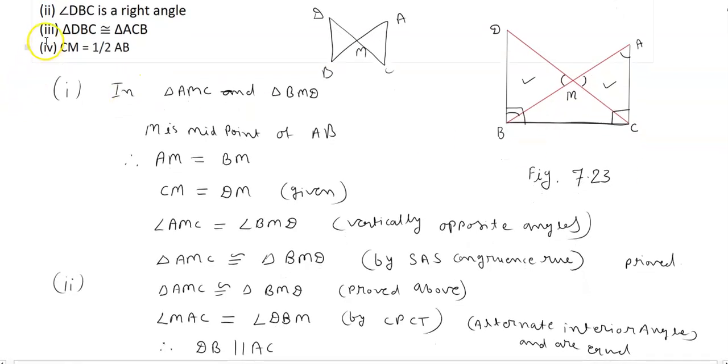Now come to the third: triangle DBC congruent to triangle ACB. Here again we will use triangle AMC congruent to triangle BMD. By CPCT, AC is equal to BD.